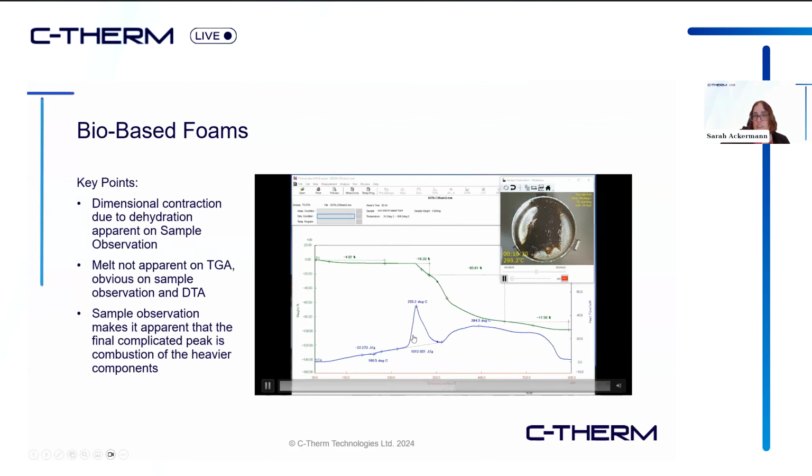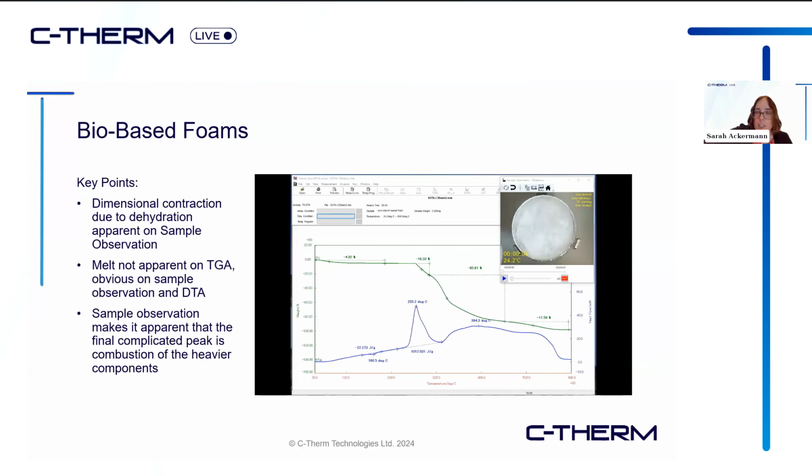Then we get to the onset of the combustion. And we see that this peak, which has a very broad, small mass loss, is just a slow combustion. And we can assign that with confidence because we have the sample observation video to show that the combustion is complete.